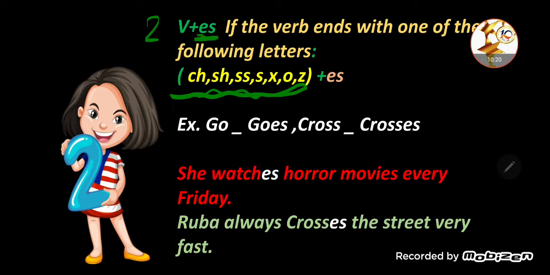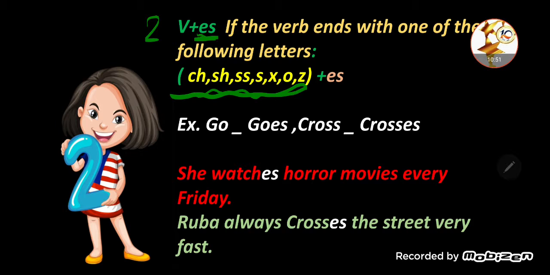Same for nouns. If you remember when we explained some nouns, the ones ending with such letters also take es. I explained this in a video and put it on the channel for you.